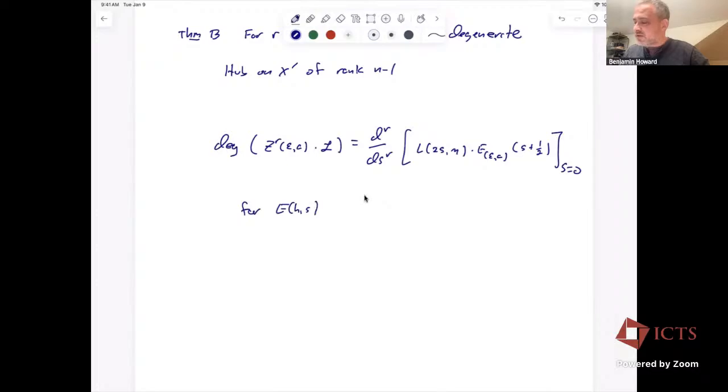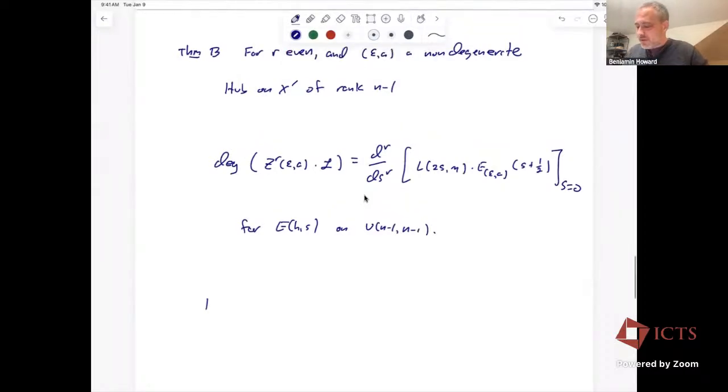And now this new Eisenstein series lives on the lower rank group. This is what I want to sketch the proof of. This is what we actually prove, and then that implies theorem A.